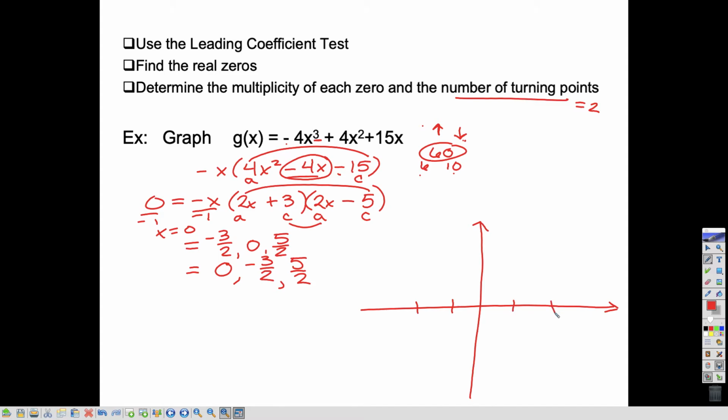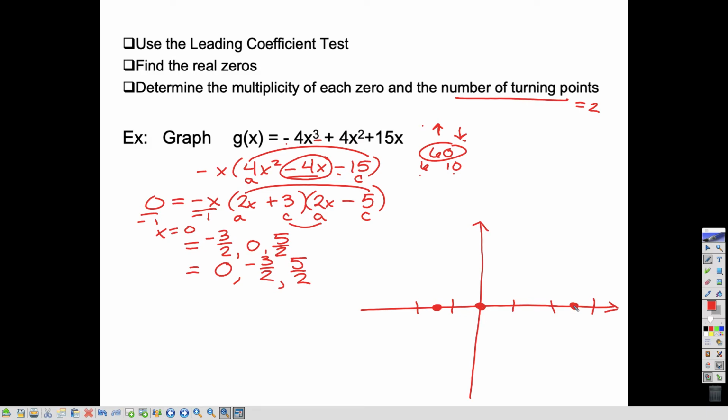Okay, so negative 3 halves is negative 1 1/2, correct? So negative 1 1/2, 0, and then 5 halves is 2 1/2.